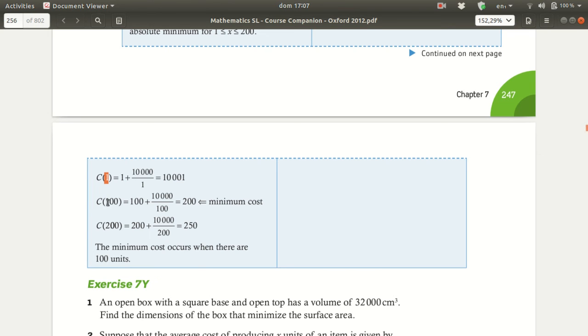Now our critical point, which is 100, when we evaluate it, we get a total of 200 as our cost. And finally, when we look at the other endpoint, when we evaluate the function at 200, we have a cost of 250. Now from these three values, our lowest value is at our critical point. So our critical point is not only the relative minimum, it's also the absolute minimum. Okay, so the minimum cost occurs when there are 100 units, and the minimum cost is 200.